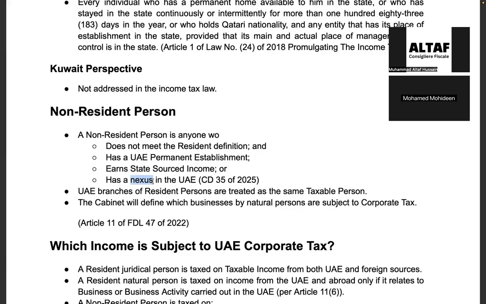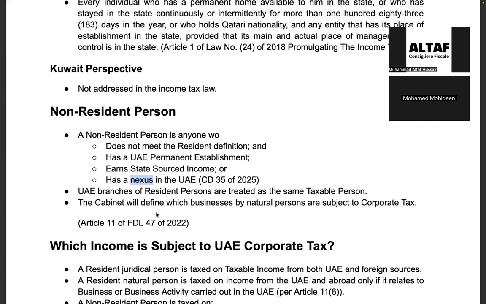GloBE rules and Pillar 1 have also highlighted this, and detailed Nexus rules have emerged. In layman terms, we can't use the word layman when we are studying tax, but let's say a tax newbie who wants to understand the concept of Nexus. Nexus also may have more than one interpretation.